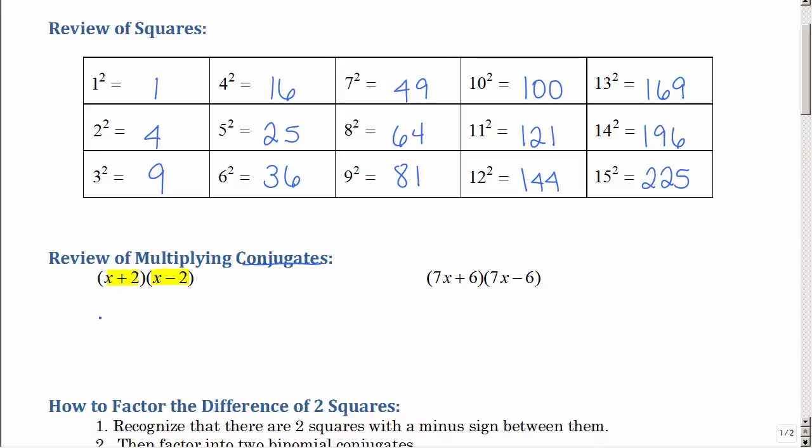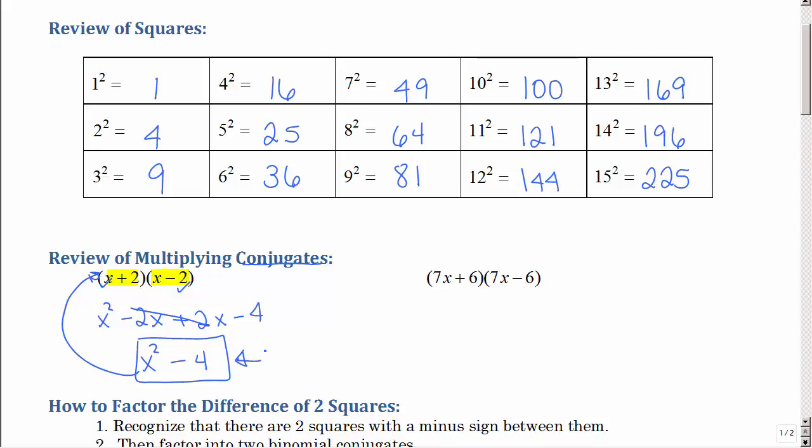Well, if we just FOILed it, first, outer, inner, last, remember those middle terms canceled, and you just got the first term squared and the last term squared. Today, we're going to go backwards. So this is what's called the difference of two squares. Difference meaning minus sign, and of course, we have two perfect squares that are subtracted.